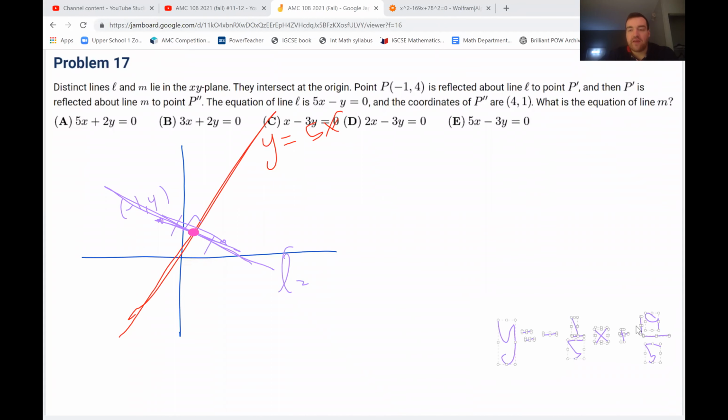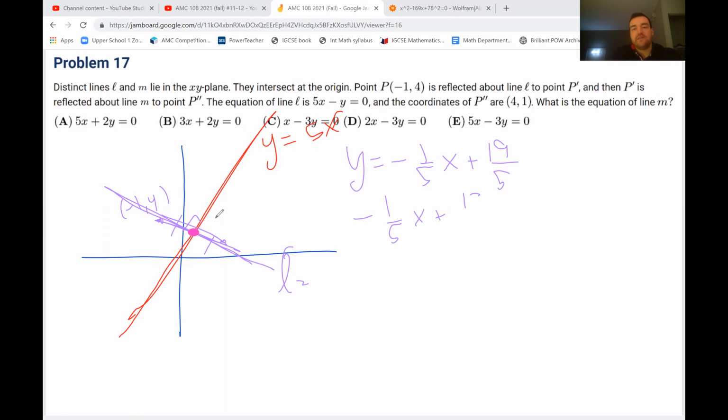Then that will allow us to use the midpoint formula to find the point P prime. So we want to know where this line intersects with the red line: -1/5 x plus 19/5 equals 5x.